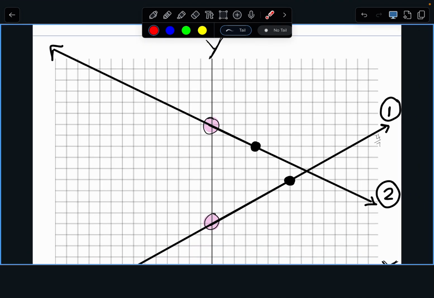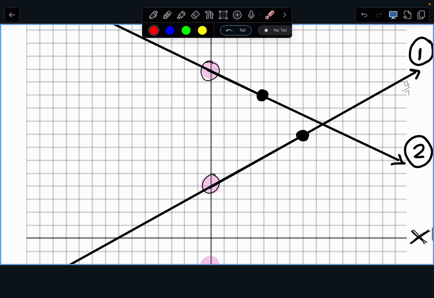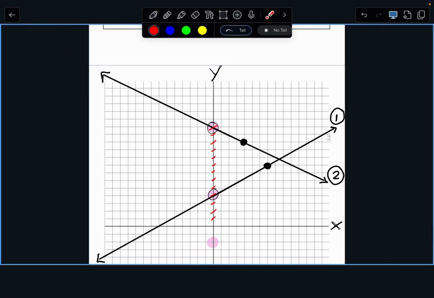And my starting point for mine, 1, 2, 3, 4. Oops, 1, 2, 3, 4, 5, 6, 7, 8, 9, 13. Mine started up 13.